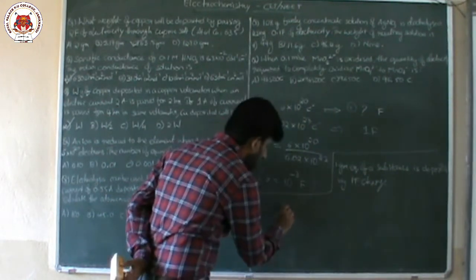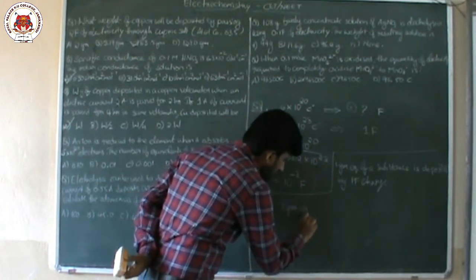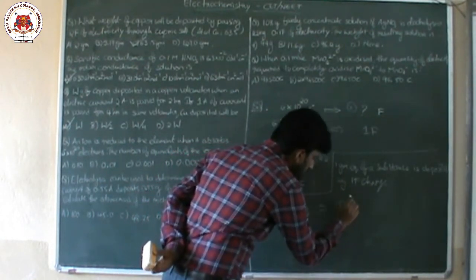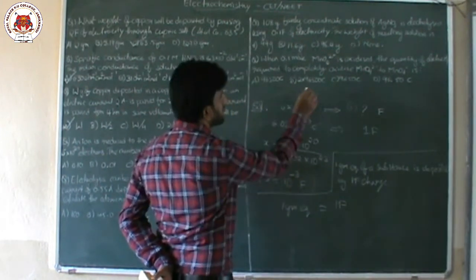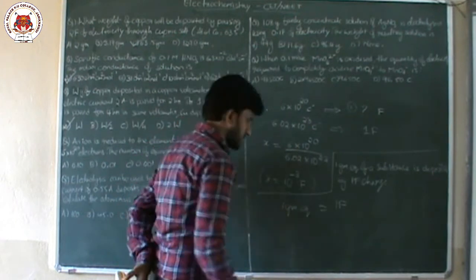Then how many Faradays are we passing? 10 power minus 3 Faradays.